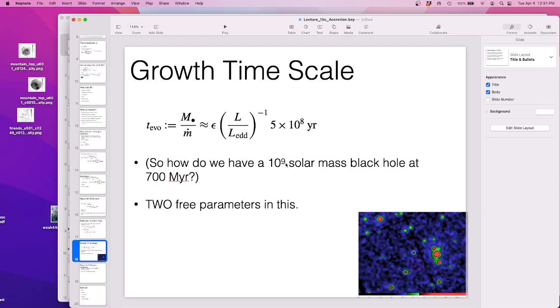So if I have a 10 to the 9 solar mass black hole in not quite 10 to the 8 years, or a little bit more than 10 to the 8 years, this has to be feeding maximally the entire time, which doesn't make a lot of sense because they're episodic. So how did this object get this big? For instance, the Mortlock quasar is 10 to the 9 solar masses and it's only 700 million years old.